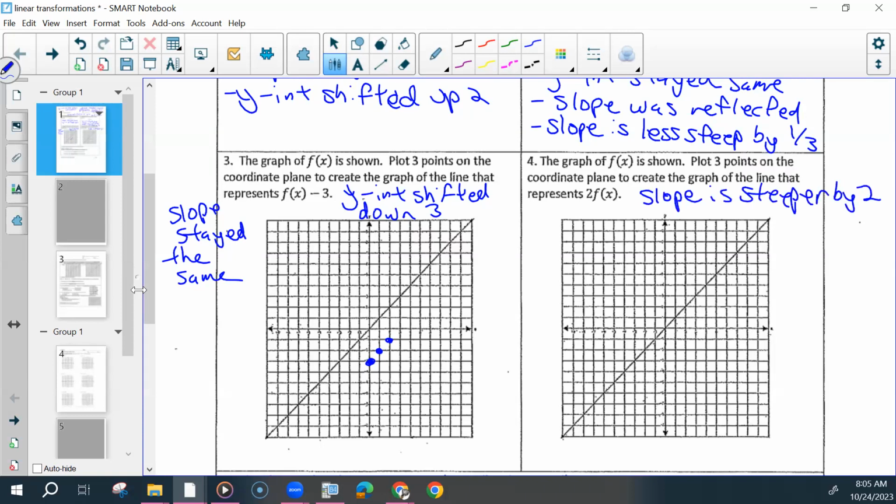Okay, it's steeper by 2, it's 2 times as steep, either or, steeper by a factor of 2. Did the y-intercept change? No. So the y-intercept stays the same. So if the y-intercept stayed the same, it's going to be at the same point 0, 0. And then give me an ordered pair where I can put the next point.